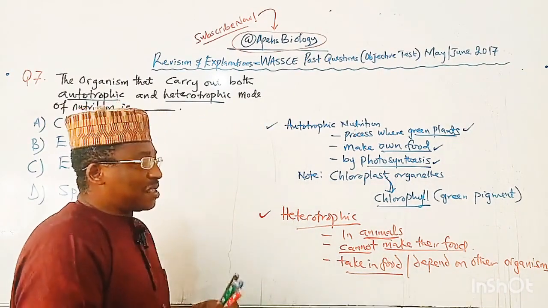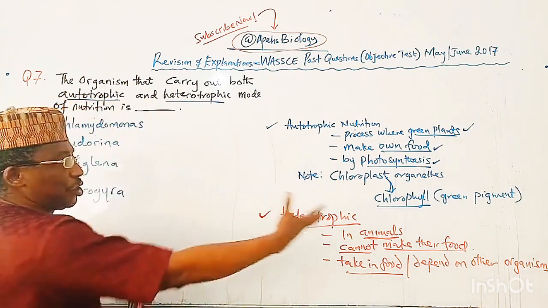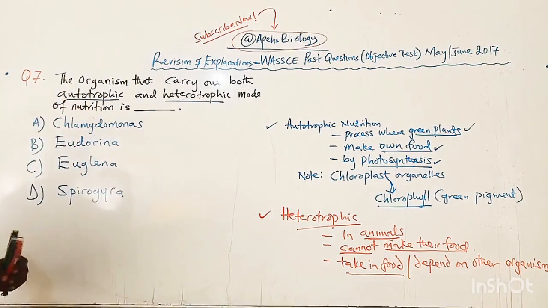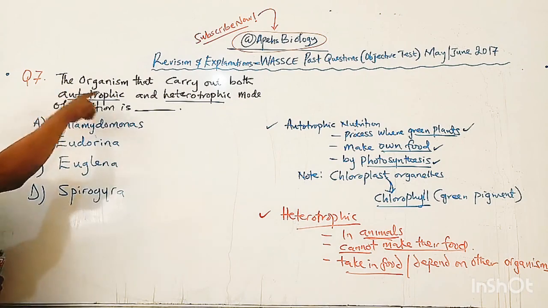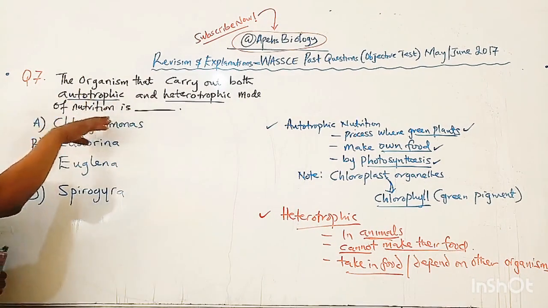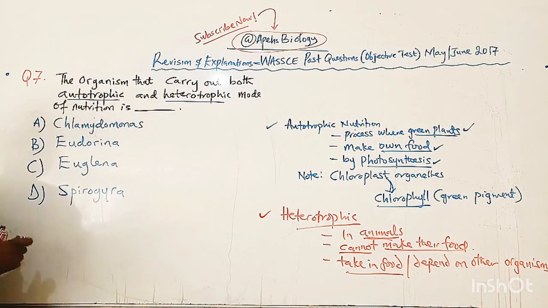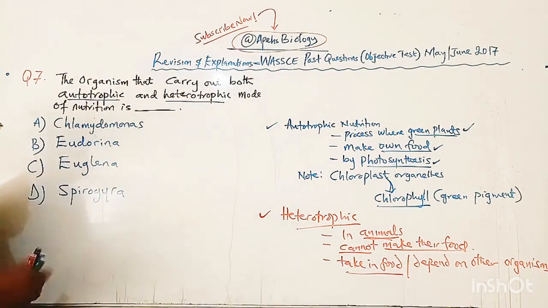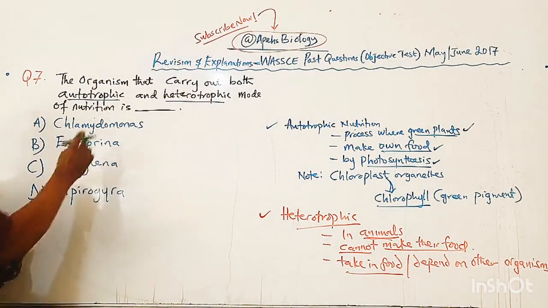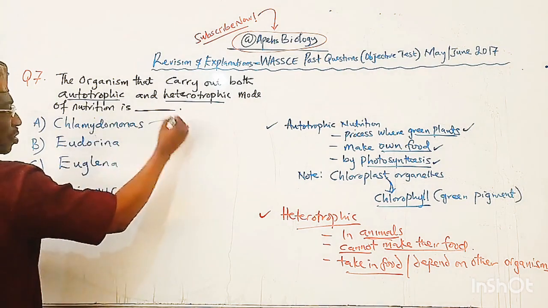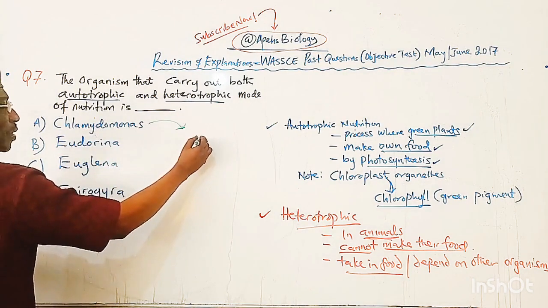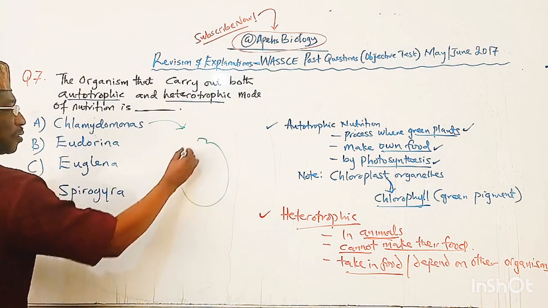So if you look at this question again, it asks for the organism that carries out both autotrophic and heterotrophic modes of nutrition. Now, Chlamydomonas is an organism that we presented in one of my previous videos.